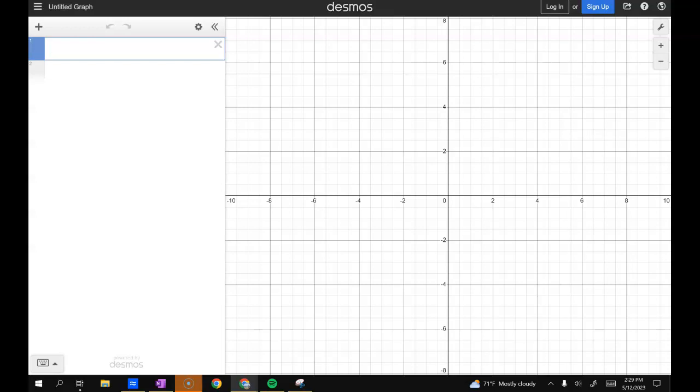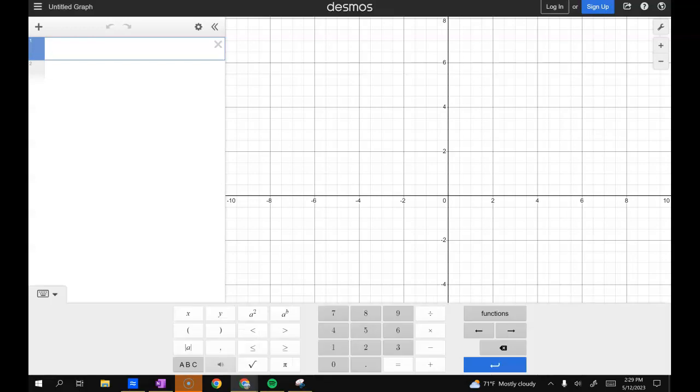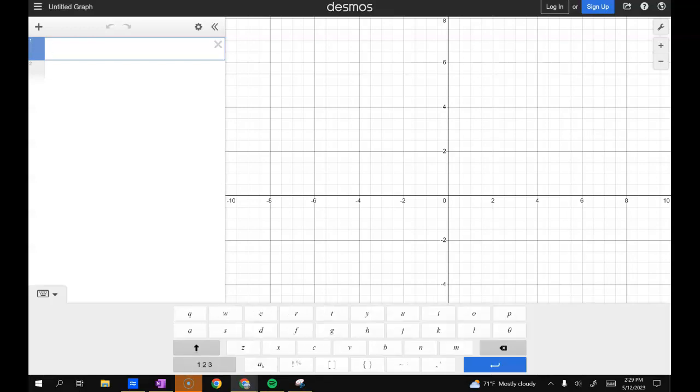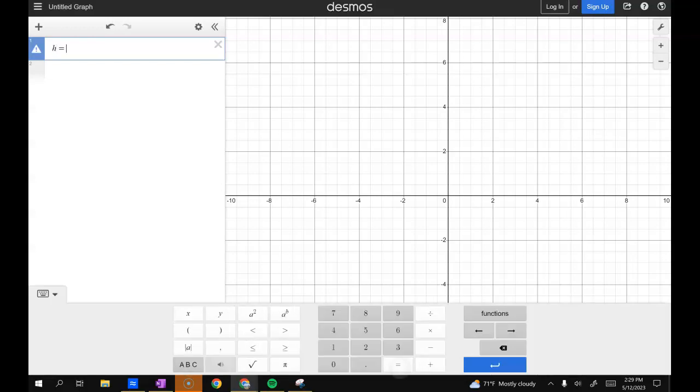You can just use the keys on your computer. You would say h is equal to negative 5. You can use your little dash mark and it counts. And then to do t squared, hit your t.